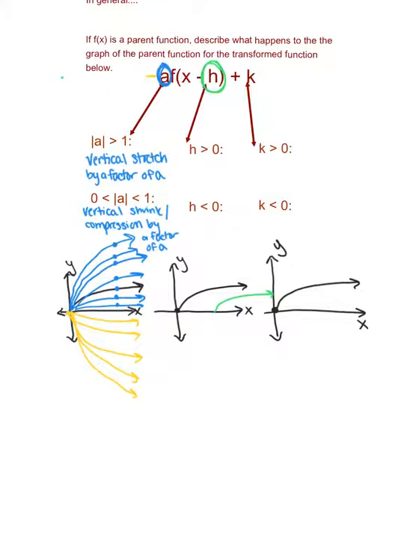Sorry about that. So you should have seen a horizontal shift to the right H units. And that's when H is greater than 0. But remember, because of this negative inside here that's built in, it's a negative right here.